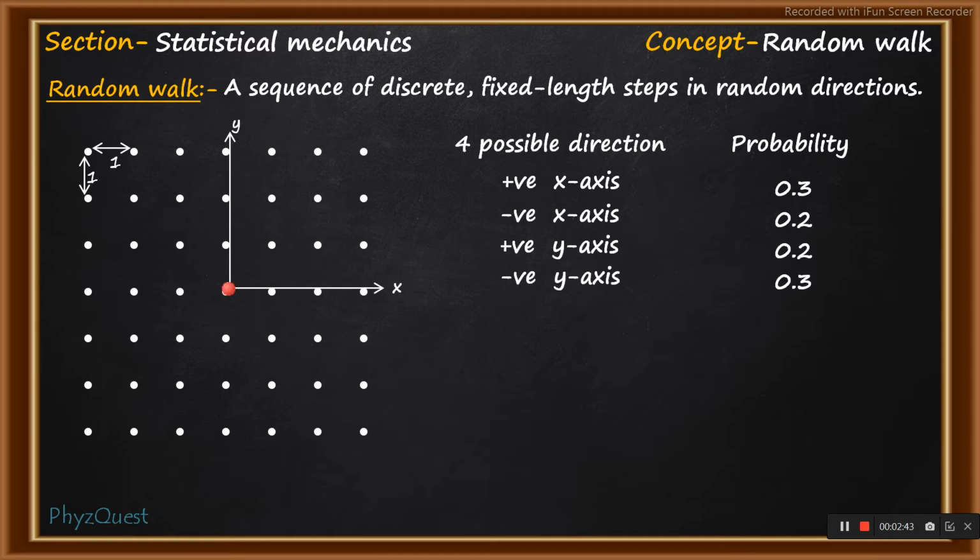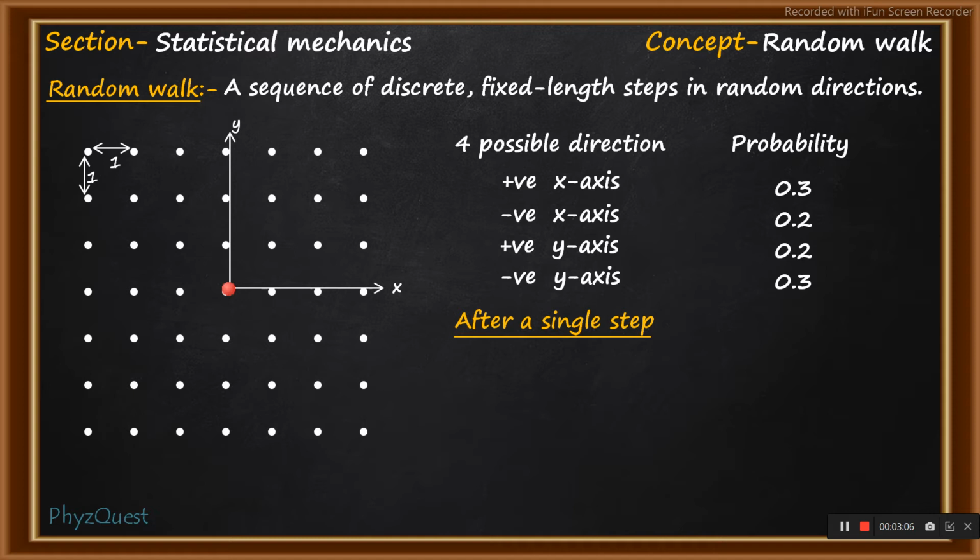First of all we will calculate what will happen when the particle takes a single step. That means what would be its next position after taking a single step. Remember that here the position means the mean position, that is after considering the probability along all the 4 directions.